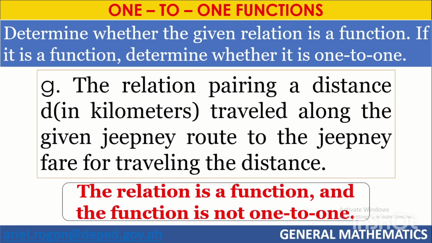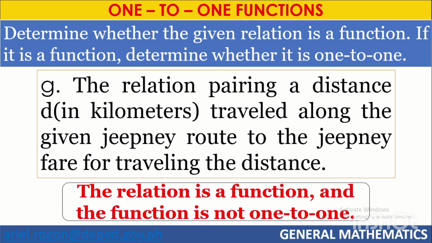Ibig sabihin, class, meron kang magkaibang input pero yung output nyo, yung babayaran nyo ay 8 pesos. Hindi isa lang yung destinasyon, no? Yung pinanggagalingan nyo. Tapos, parehas lang din pa rin ang pamasahe. Naintindihan? Halimbawa, ano pa ba?